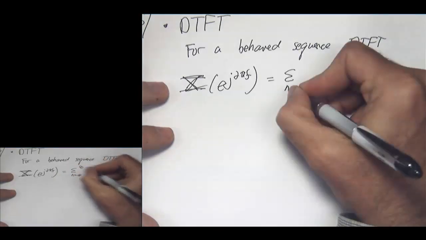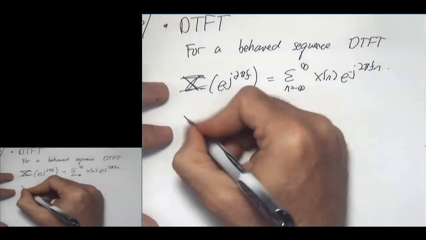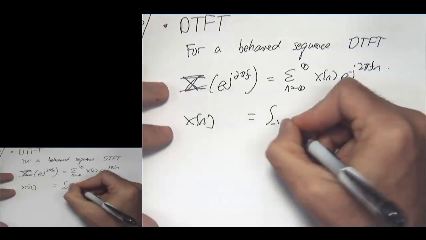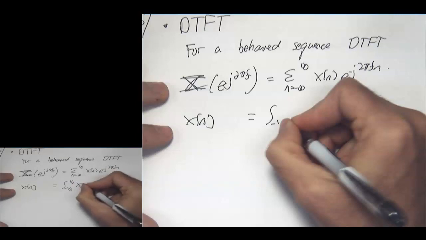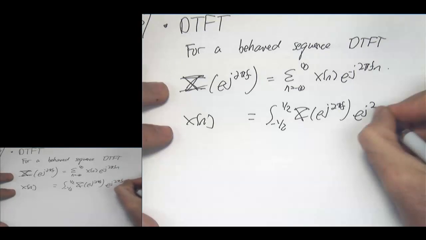So it's the sum from minus infinity to infinity of x of n, e to the minus j 2 pi f n. And then the synthesis equation is given by x of n equals the integral from minus 1/2 to 1/2 of X(e^{j2πf}) e^{j2πfn} df.